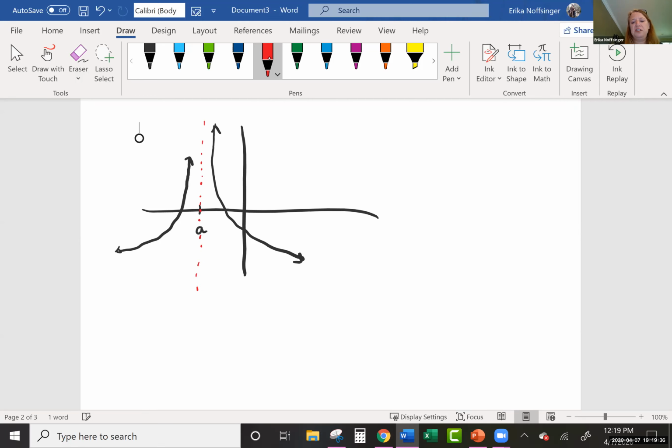Remember, you're just looking left to right to see, is it going up or coming down? So increasing to decreasing, but notice that x equals a is an asymptote. So here's a point where x equals a, it's changing directions on either side, but a max or a min doesn't occur.